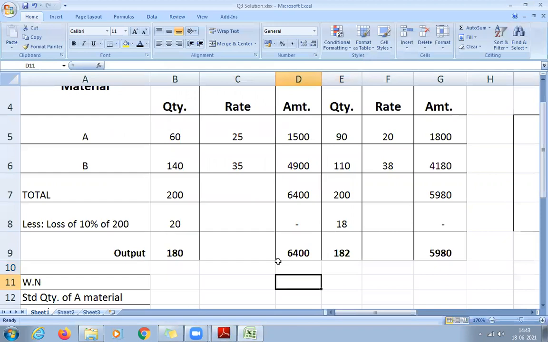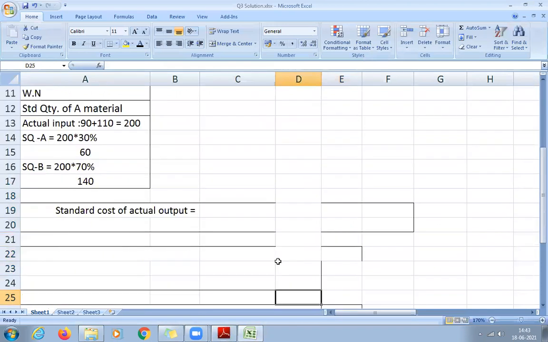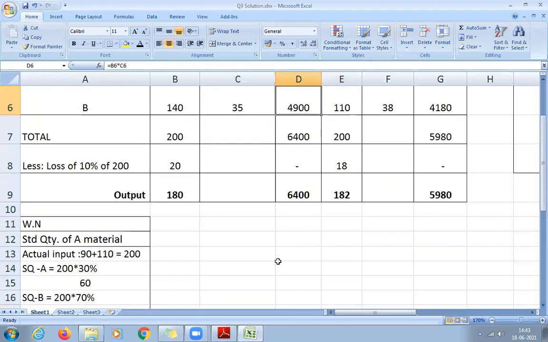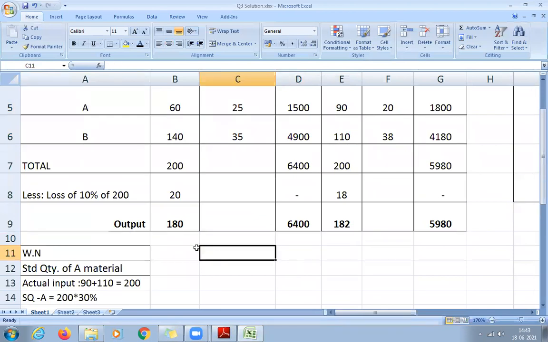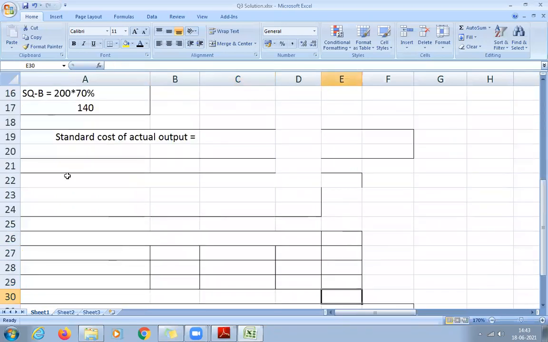Now you can see the output is different. Standard is 180 and actual is 182. You might have seen the formula for material cost variance: standard cost for actual output.